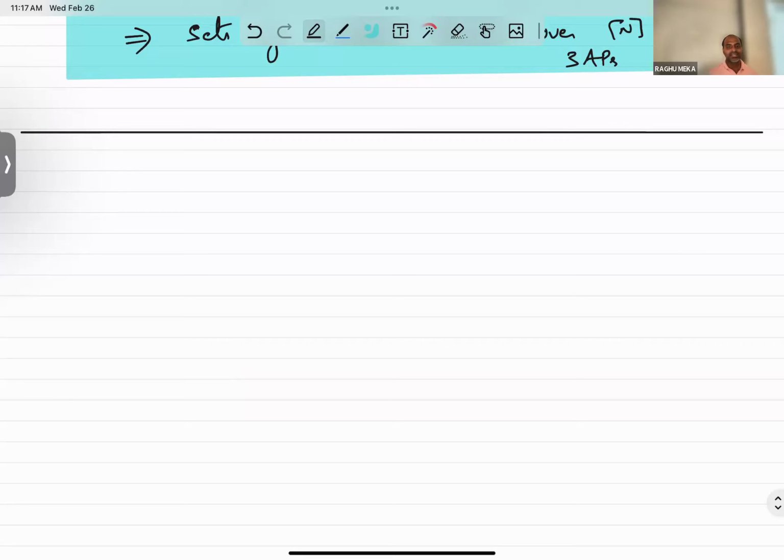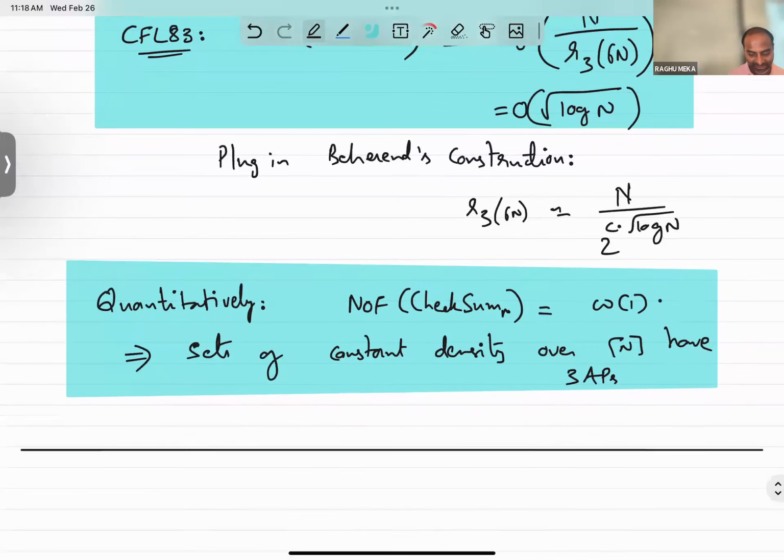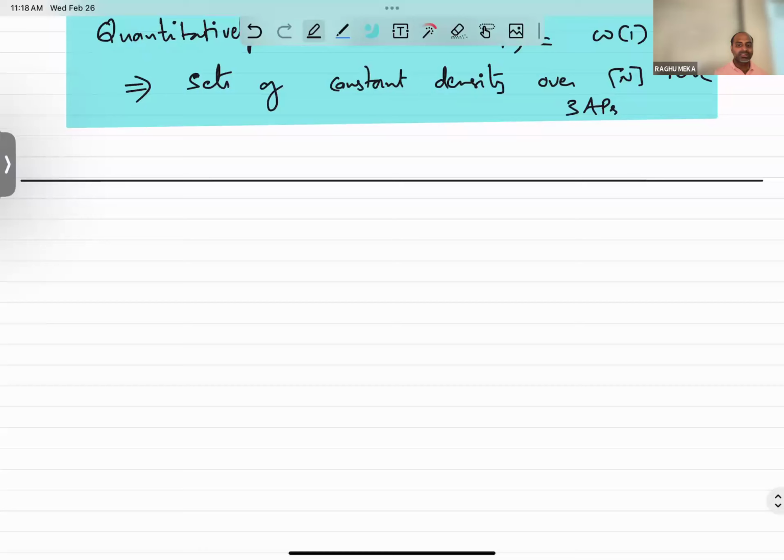Okay, all right. So how do we prove this claim, this construction from Chandra, Furst, Lipton? They said, okay, give me a 3AP free set. Have set S, which is a subset of [n], and the size of S is roughly R3 of n, as good as we can expect.